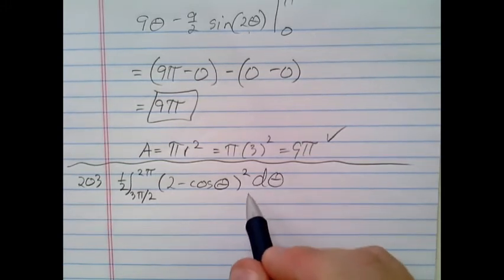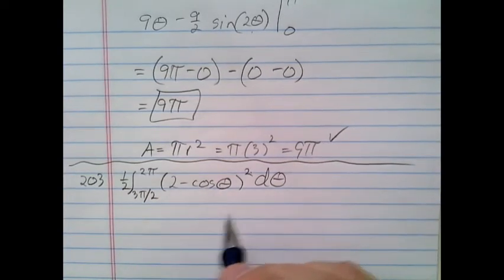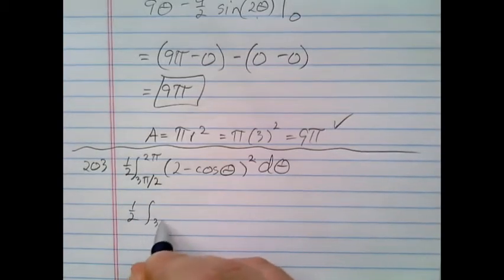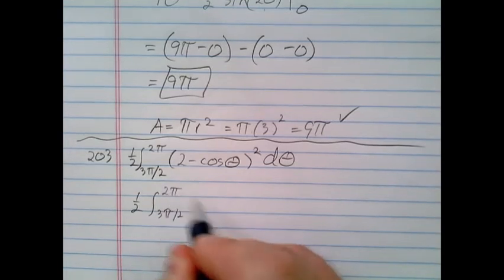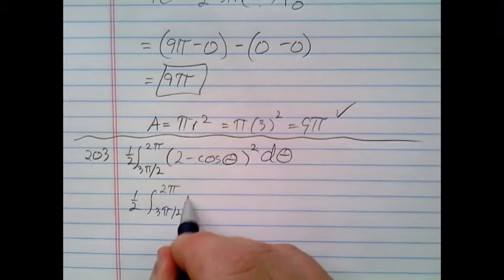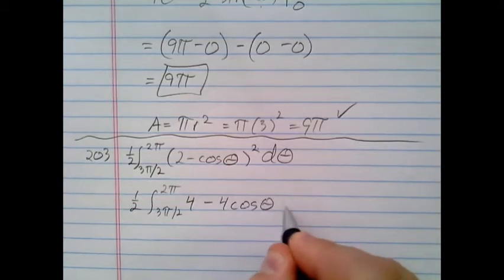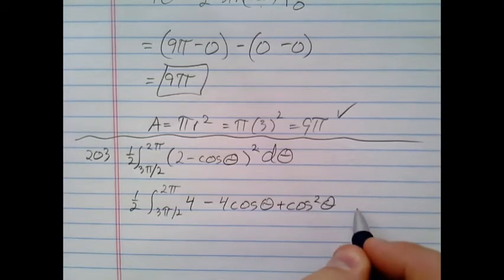So remember, for polar area integrals, we square the function, we put a 1/2 out front. So 1/2 integral from 3 pi over 2 to 2 pi. When I square that, 2 times 2 is 4. And then I'll have 2 times negative cosine theta twice, so minus 4 cosine theta. And then plus cosine squared theta.